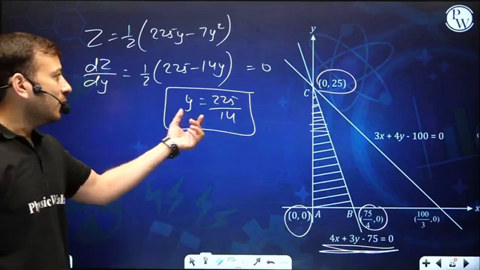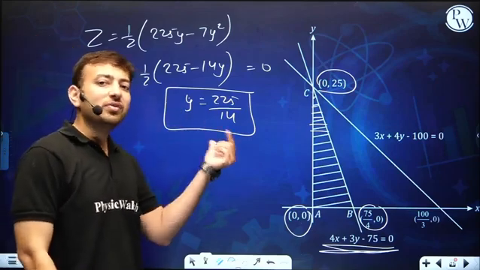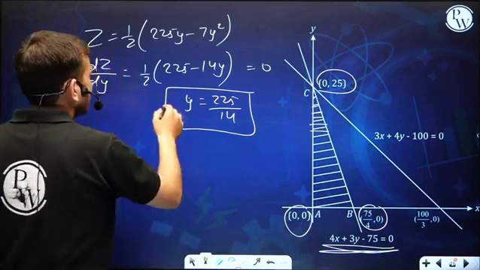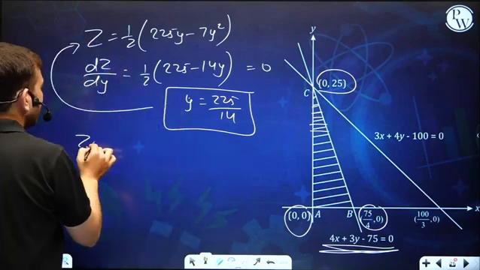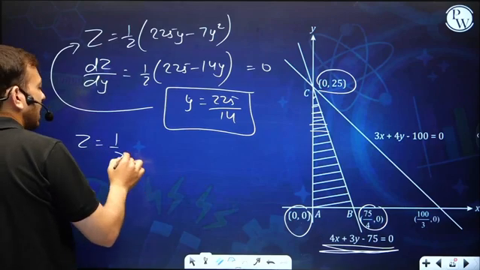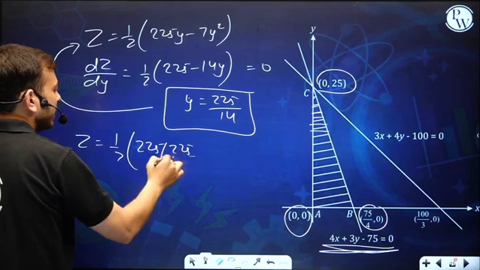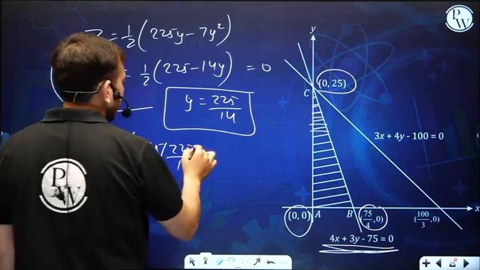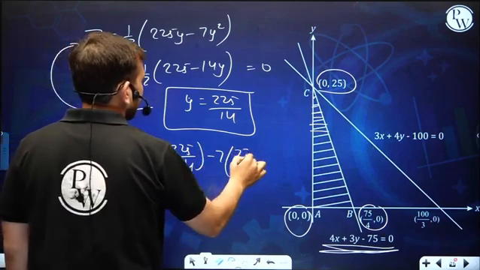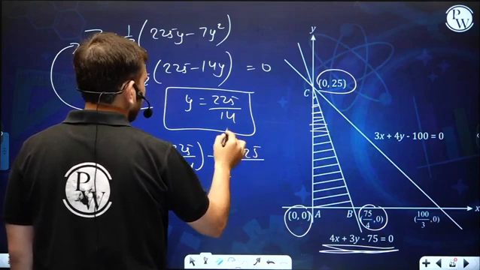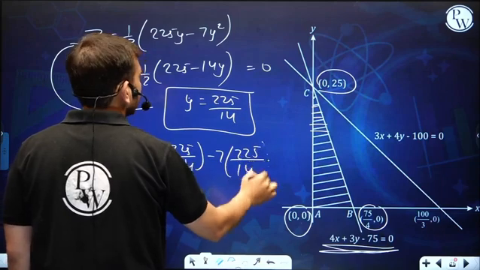Only one value of y came, so only at this value it will make a minimum or maximum. Substitute this point here. So z equals half of (225 into 225 by 14 minus 7 into (225 by 14) square).